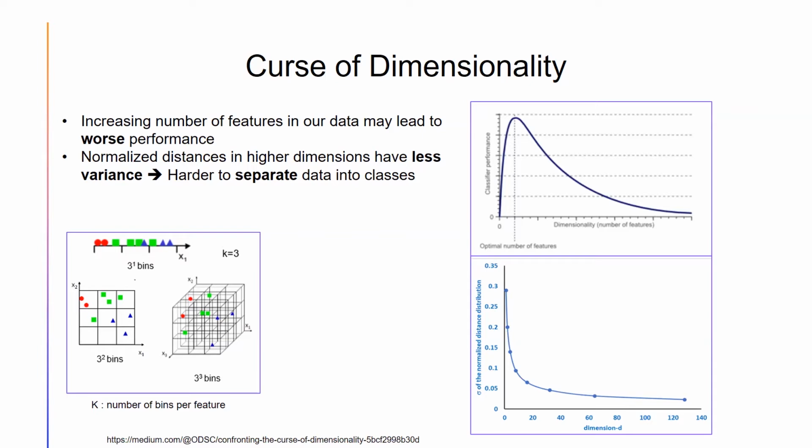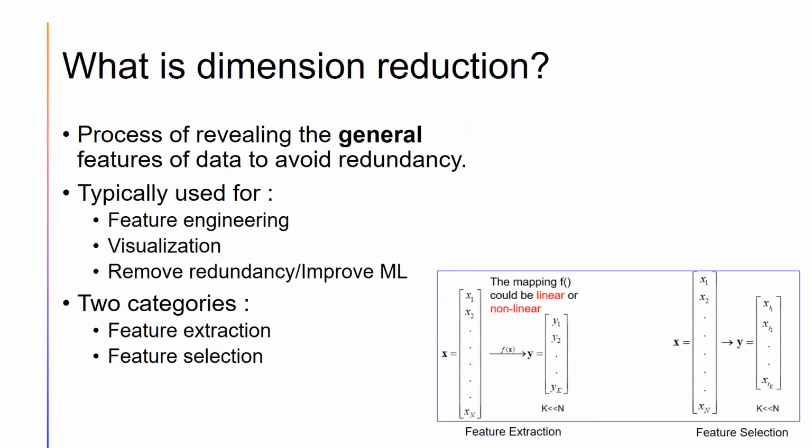And usually it's been observed that there's a sweet spot where you get optimized performance with fewer features than you would otherwise have expected. So dimensionality reduction more or less falls into 2 different classes, feature extraction and feature selection.